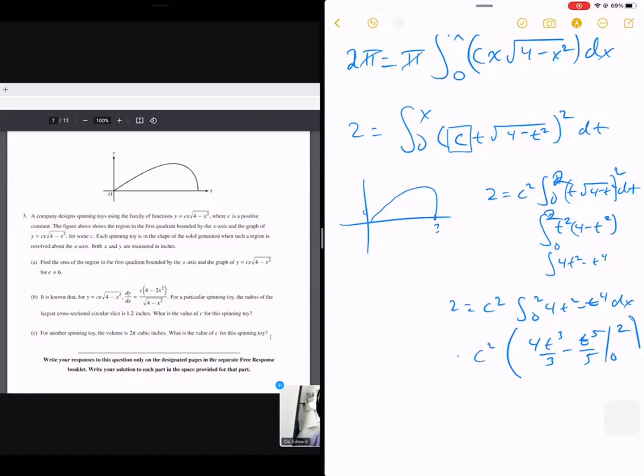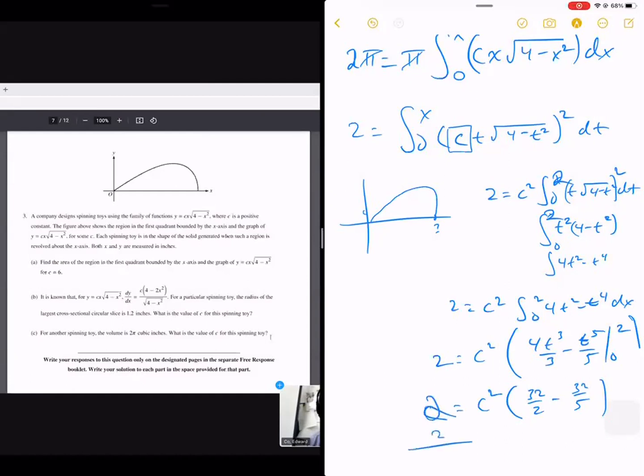And then we have c squared equals to 2 over, we plug in 2, that'd be 8. 2 times 2 times 2 is 8, times 4 is 32 over 3, minus 32 over 5. And then the zeros don't matter.